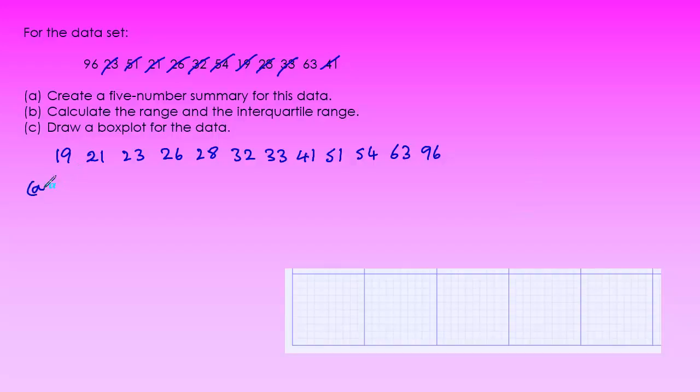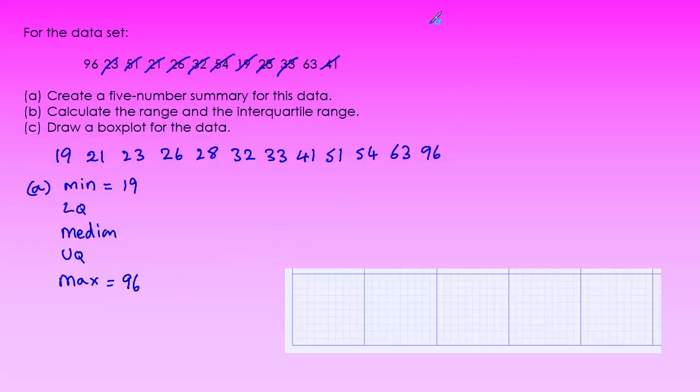So for our 5-number summary, remember we want the minimum, the lower quartile, the median, the upper quartile, and the max. Now we can see the minimum is 19, we can see the maximum is 96.